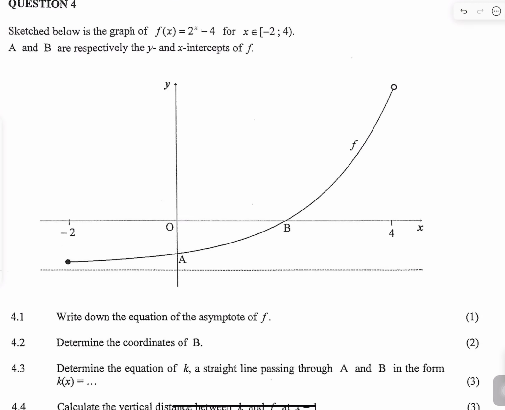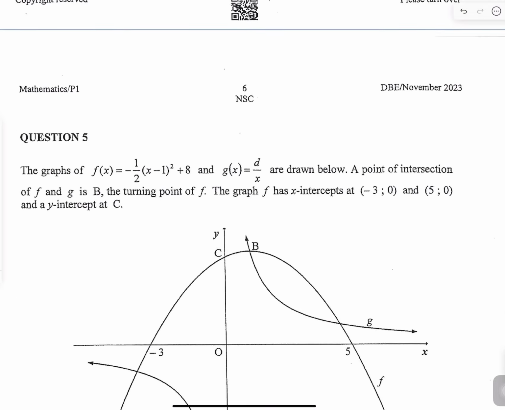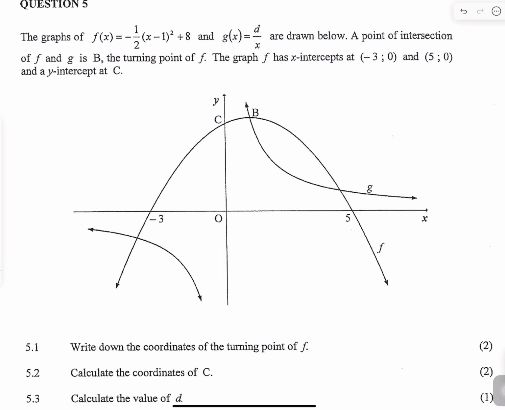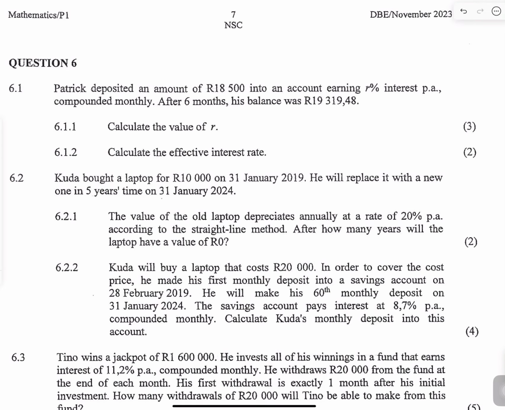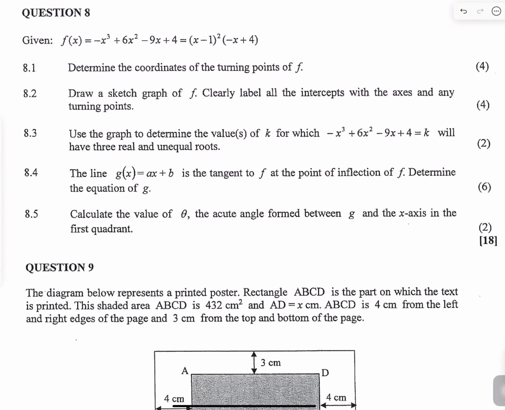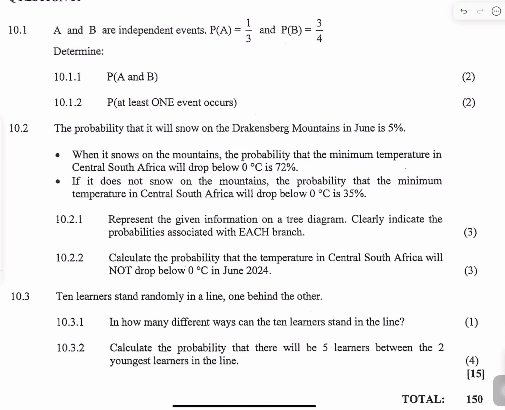Okay, and then you have grade 10 stuff. That's your exponential situation. I'll do that. Question 5, that's quadratic and grade 10 hyperbola. I will do that as well. That's your finance. It wasn't really bad. This was very easy. Calculus and probability there.